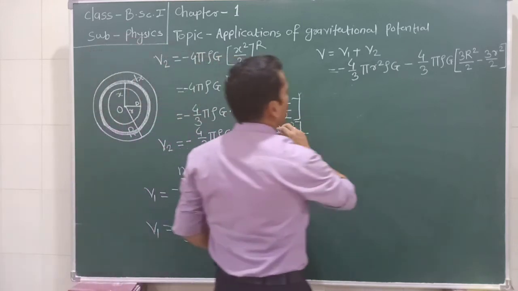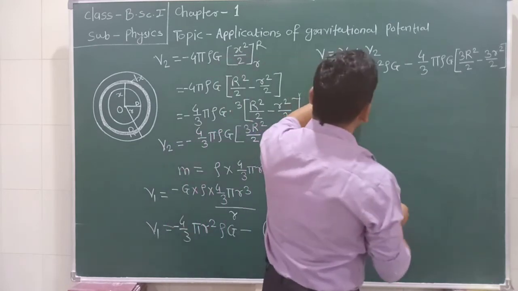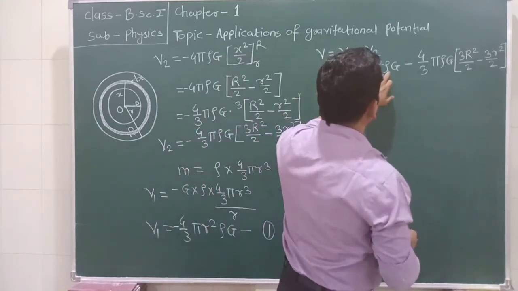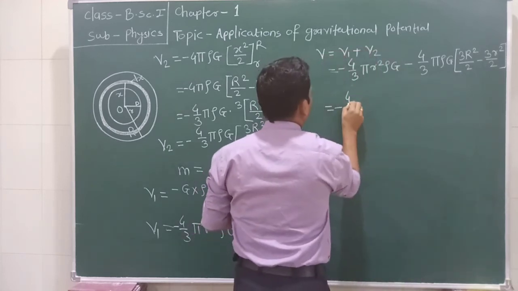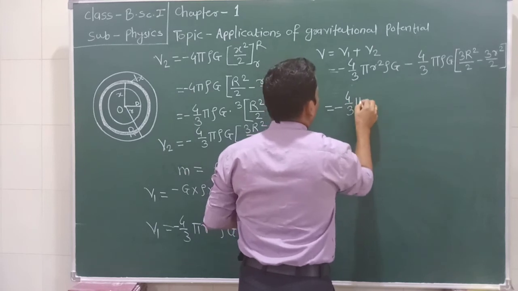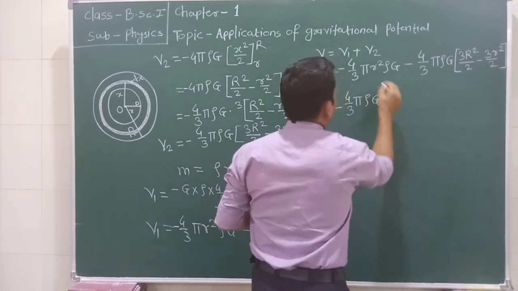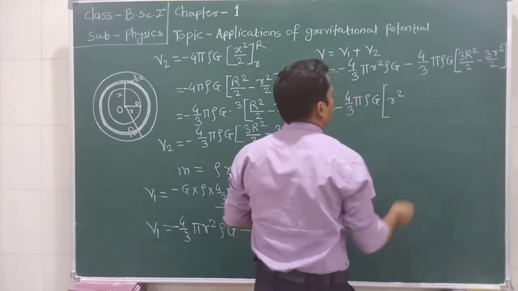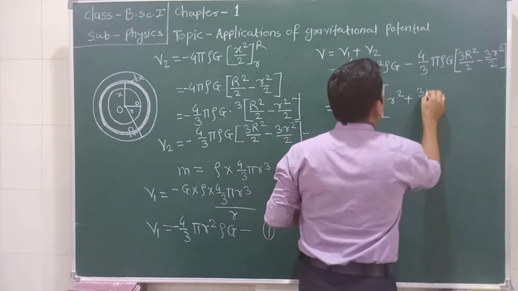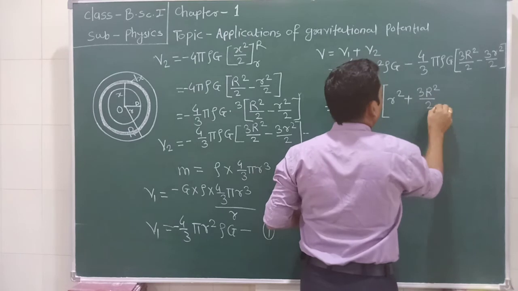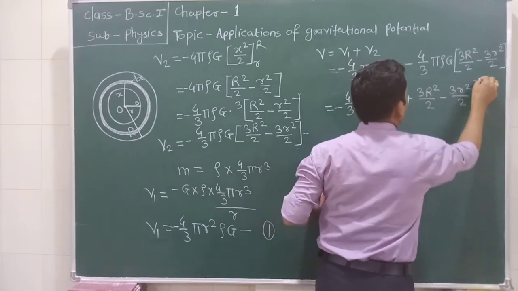This minus 4 by 3 pi rho g we can take common, so it is minus 4 by 3 pi rho g, and what remains here is r square plus 3R square by 2 minus 3r square divided by 2.